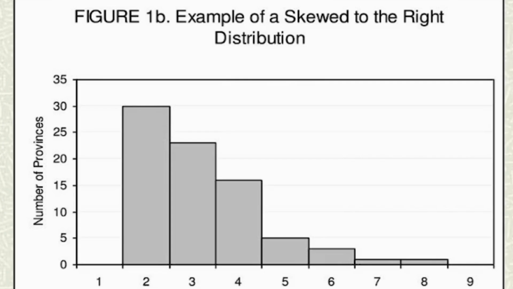This is an example of a skewed to the right distribution where the thin end tail of the graph goes to the right part of the curve. This happens when most of the scores of the students are below the mean.